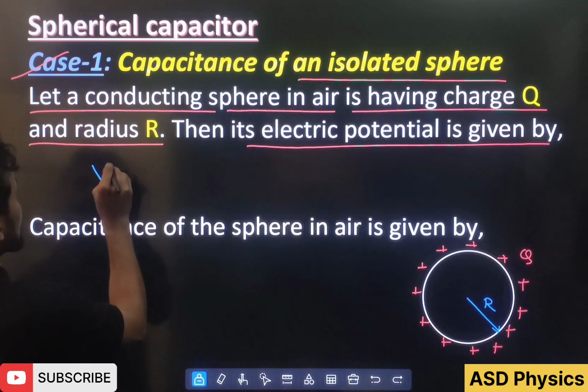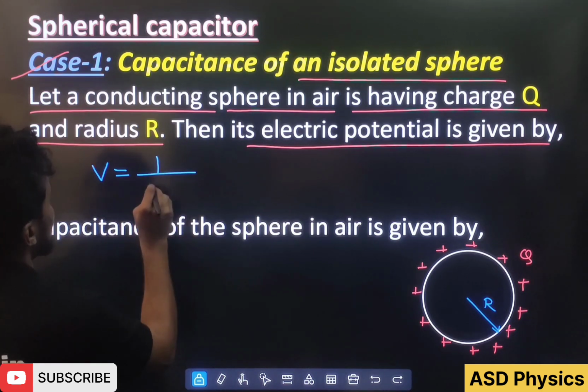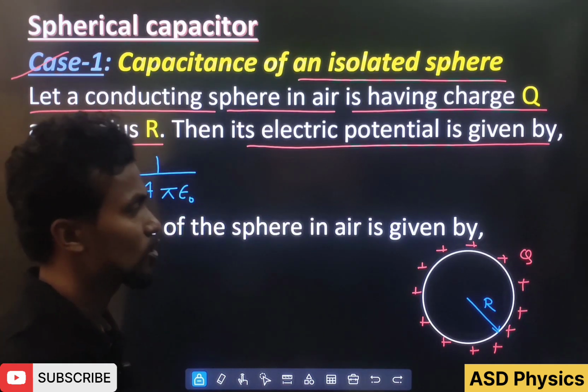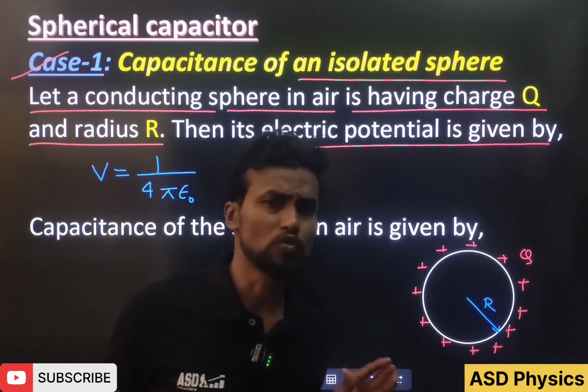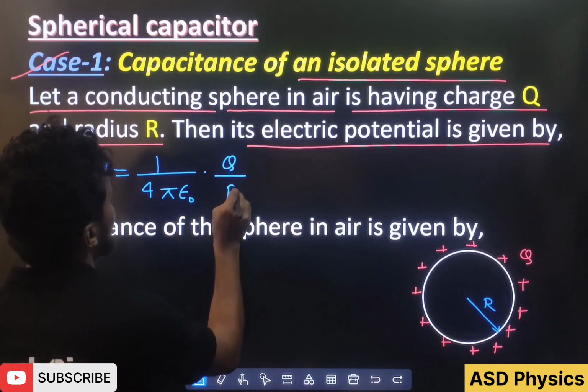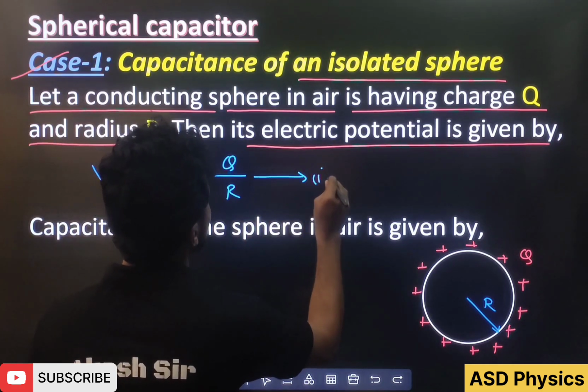So its potential V, as it has air around it, is 1 by 4 pi epsilon naught, where the dielectric constant of air is 1, into Q by R. This is the potential at the surface.